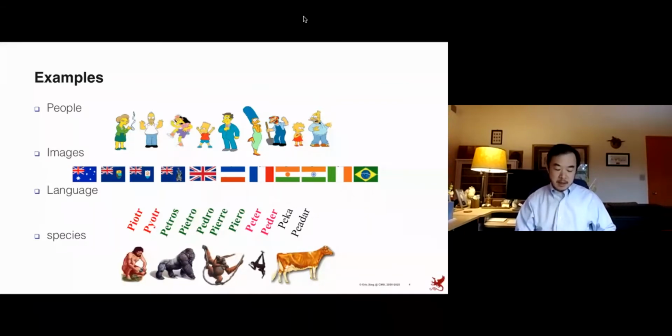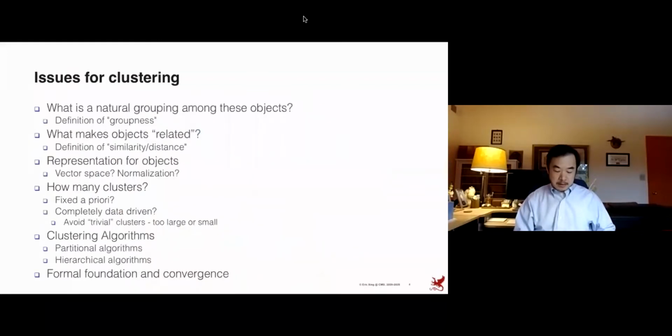You can cluster people, images, language and natural species. And there are these issues I just mentioned about the algorithmic issue, and in fact the philosophical issue about how to define groupness, which I'm going to discuss in a second.